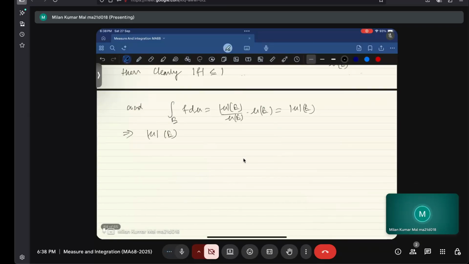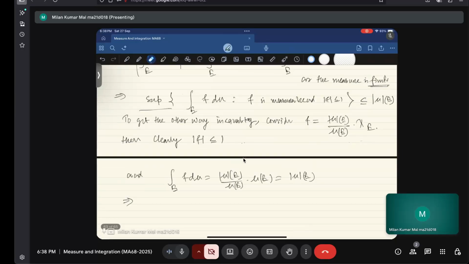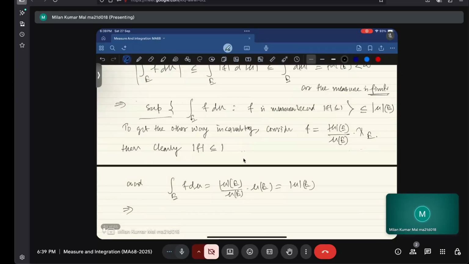So mu of E is equal to the supremum, which means the supremum is attained. Whatever measurable function f with mod of f less than or equal to 1 we consider, the supremum of the integral over E of f d mu is less than or equal to mod mu E. But in addition, there exists a point where it is exactly equal.